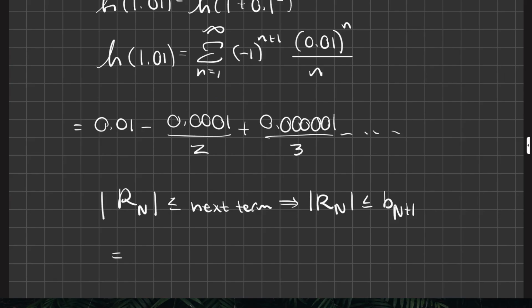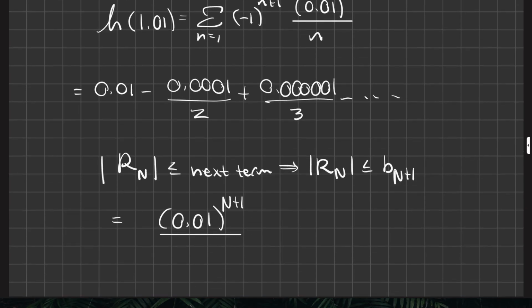And the next term in this would be, we'd have the series 0.01, and now we look at n plus 1 instead of little n, so this is n plus 1 over big n plus 1. Now, let's take n equals 3.